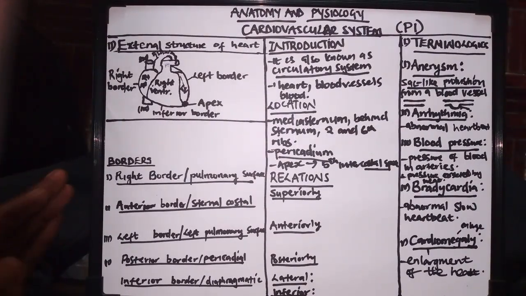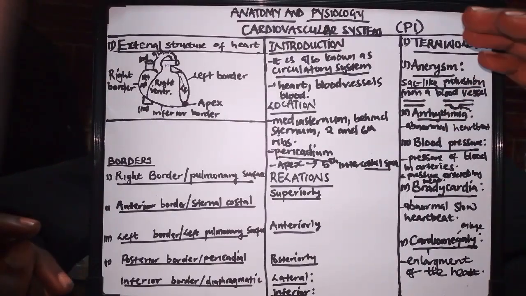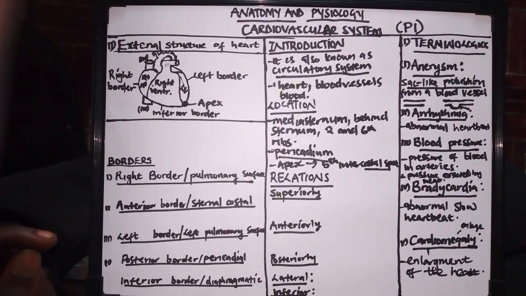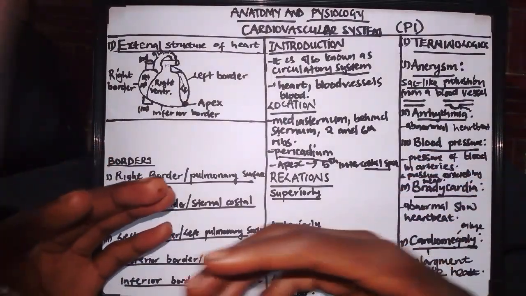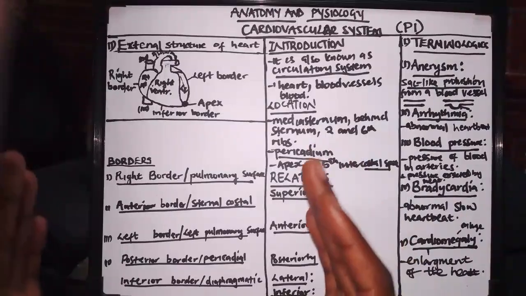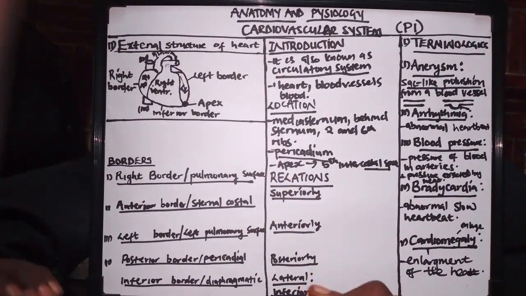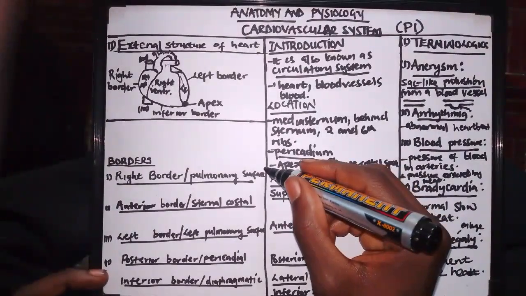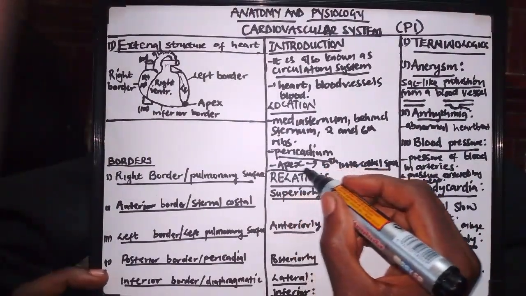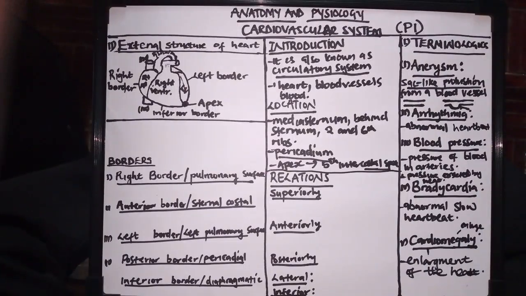After looking at the terminologies which will come across under the cardiovascular system, we are going to look now at the external structure of the heart. Remember, I told you that in this video I'm going to focus mainly on the heart. So what makes up the external part of the heart?